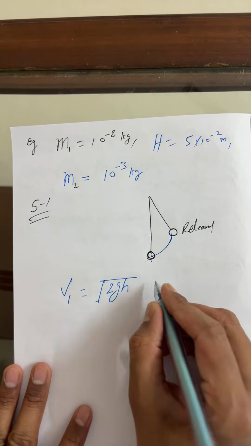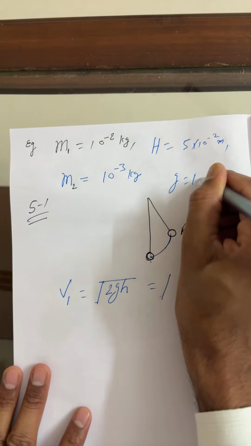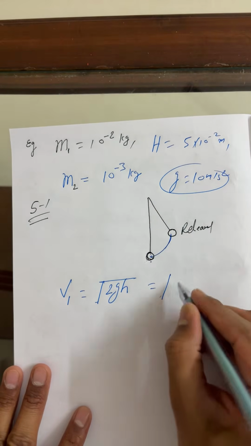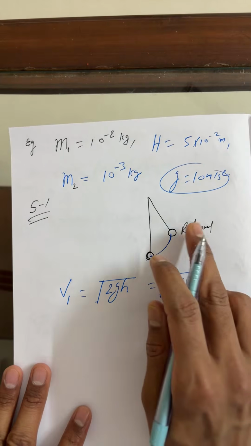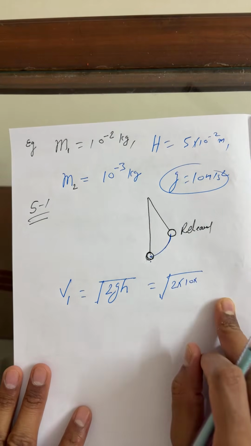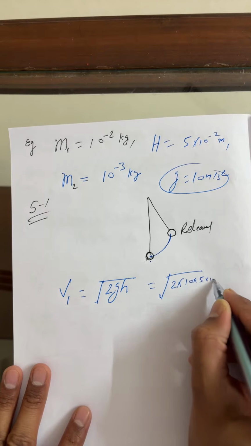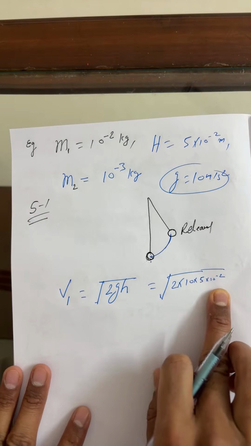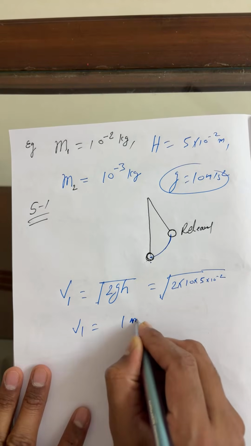Take g as 10 meter per second squared for calculation. So 2 into 10 into 5 into 10 to the power minus 2, which cancels, and finally v1 equals 1 meter per second.